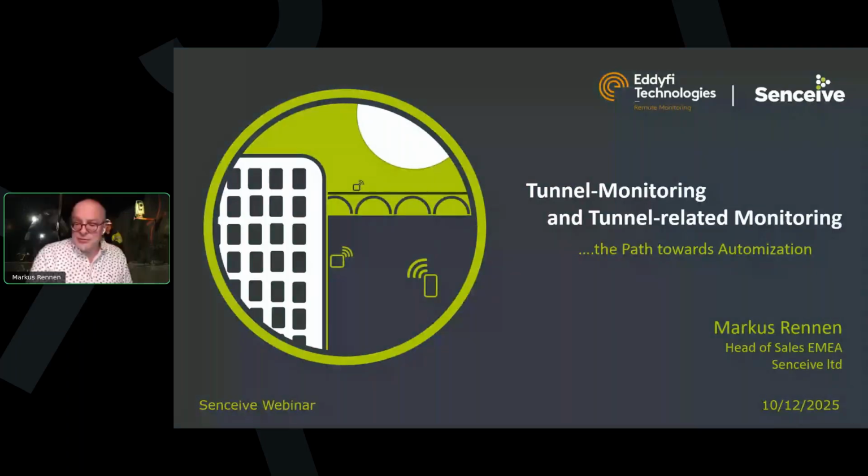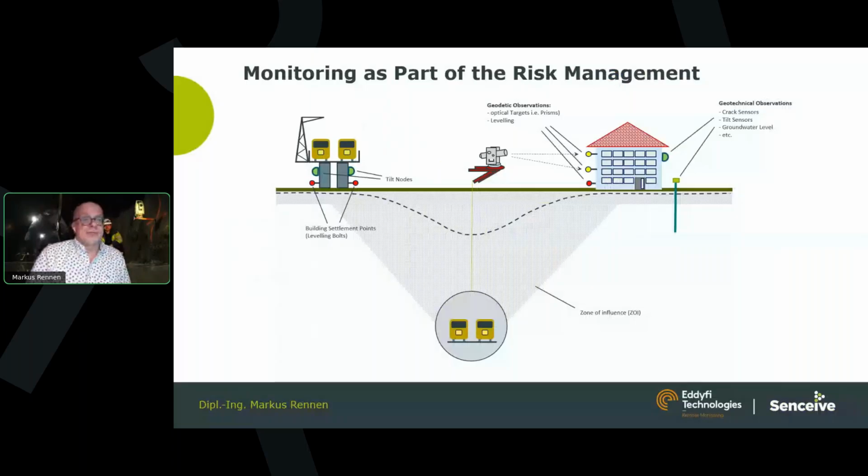I'll, just like the subject says, dive underground immediately with this tunnel monitoring presentation. It's very general, I would say. If a tunnel is constructed, basically we have impact on the surface above and the zone around it.